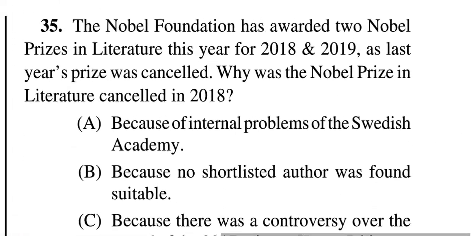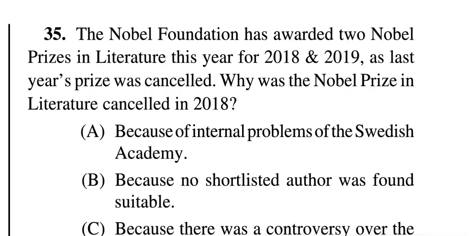Next, number 35, it says the Nobel Foundation. You must have heard, one who imparts Nobel Prize in various fields. The Nobel Foundation has awarded 2 Nobel Prizes in literature this year for 2018 and 2019, as last year's prize was cancelled.